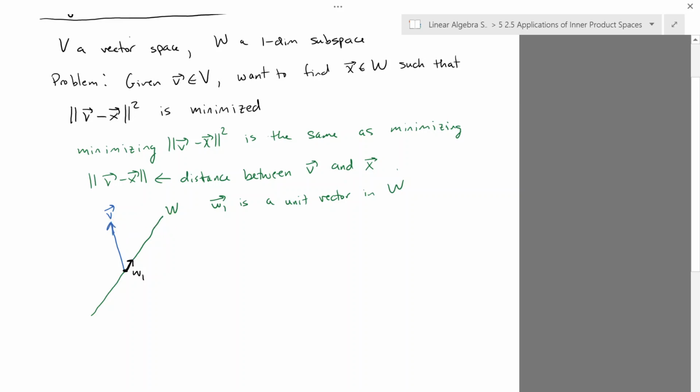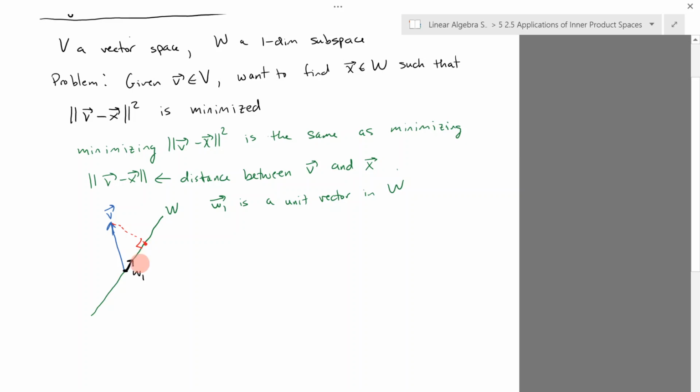So now if I'm here on W and I move in this direction, then I'm getting farther from V, right? So to get the shortest distance, I want to move in this direction. So here I'm getting closer and closer and closer to V until I get to right about here. And then if I keep going in this direction, now you can see I'm getting farther and farther away from V. Right, so the closest point to V happens to be this point here, where it makes a right triangle like this.